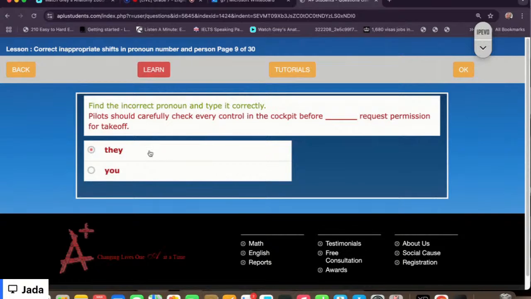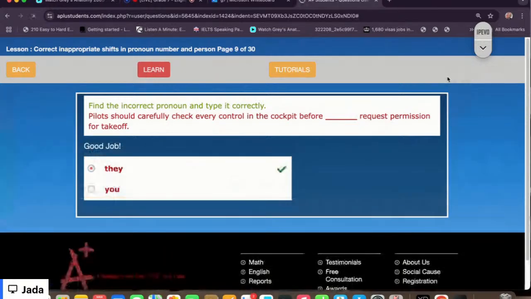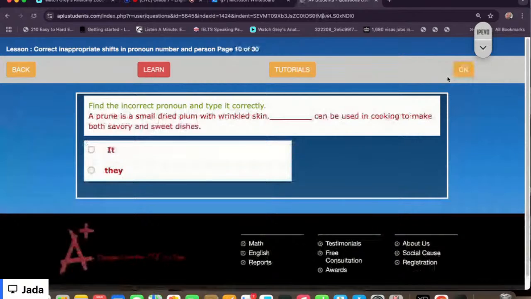Okay, so before they request permission for takeoff. So a prune is a small dried plum with wrinkled skin that can be used in cooking to make both savory and sweet dishes. So it or they, what do you think?